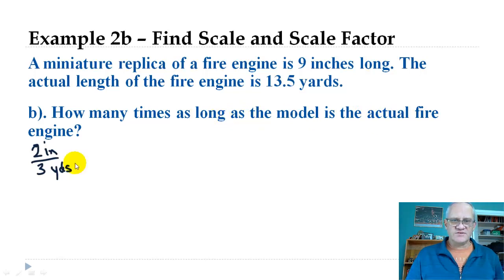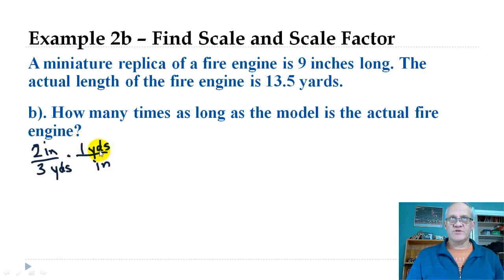All right, so let's find the scale factor. In other words, I have to multiply this by something that is going to have inches on the bottom, so that these will cross out, and yards on the top, so the yards will cross out. Okay, well, how much is in a yard?